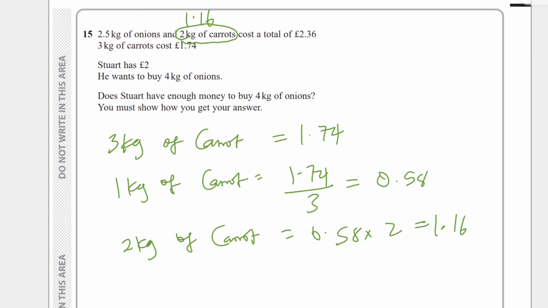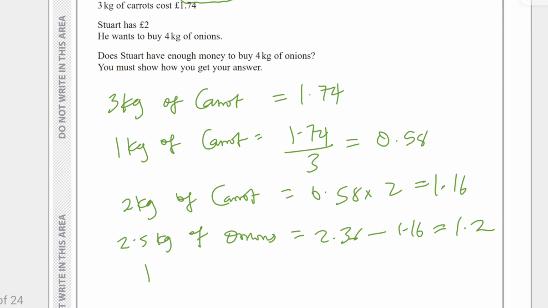So the cost of these 2 kilograms of carrot is 1.16. If we minus that from 2.36, that means 2.5 kg of onions is going to be equal to 2.36 minus 1.16, the cost of 2 kilograms of carrot. So that equals 1.2.